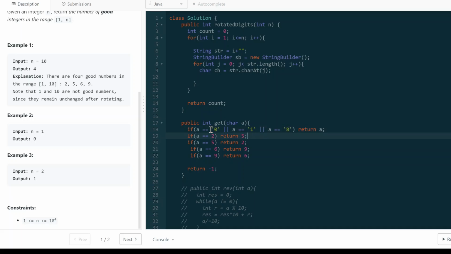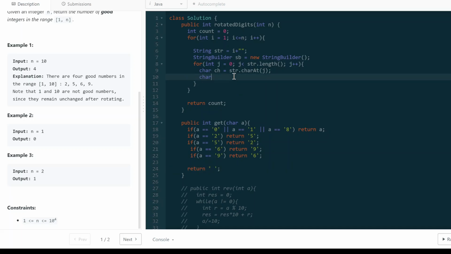This one returns 8, and this one I will return like 5. This is going to return 2, 9, 6, and this one also, and the rest likewise. And otherwise, we're going to return an empty character.